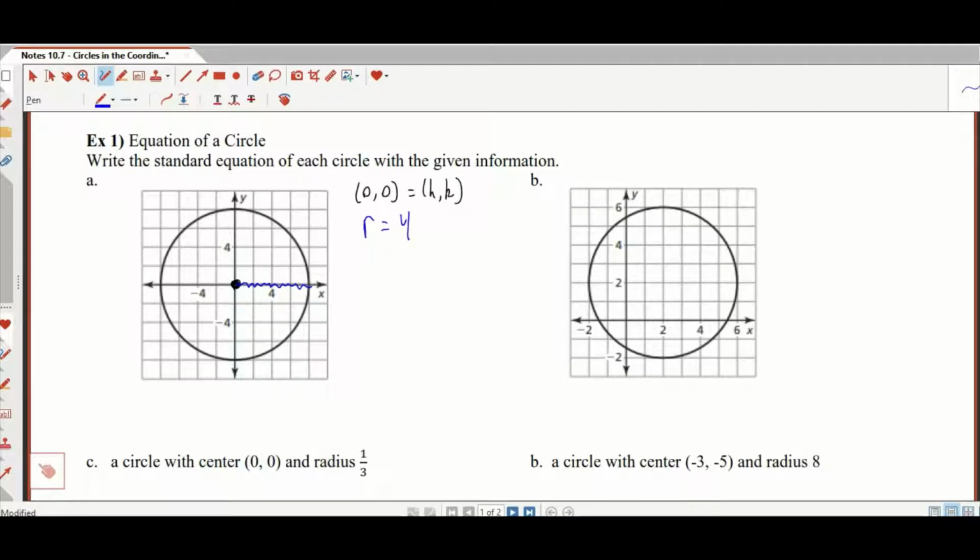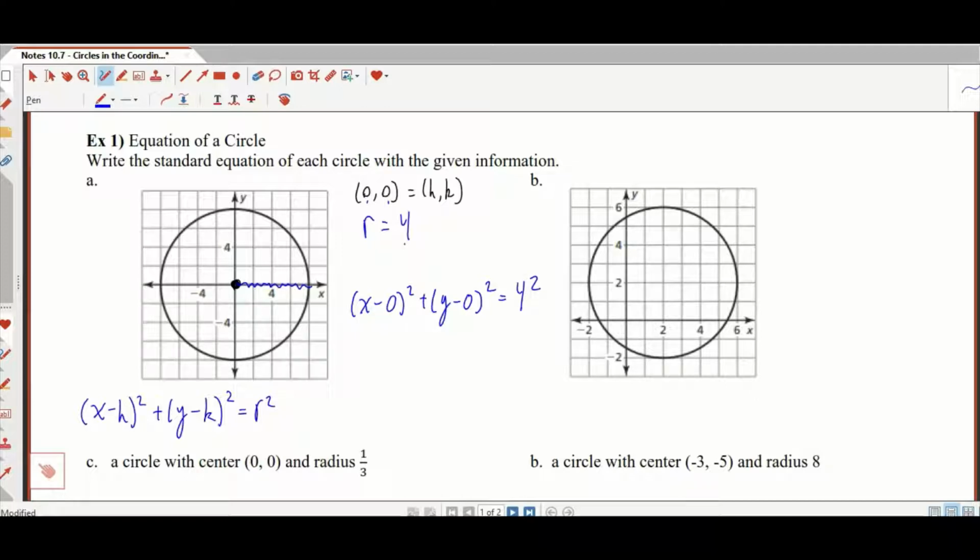And so if the equation is supposed to be (x − h)² + (y − k)² = r², you can actually just replace them with 0, 0, and 4. So that means this is going to be (x − 0)² + (y − 0)² = 4².